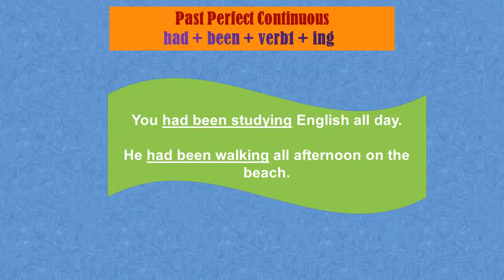Moving further to past perfect continuous tense. It denotes an action that had been going on at or before some point of time in the past. In this, we add had plus been plus first form of verb plus ing.